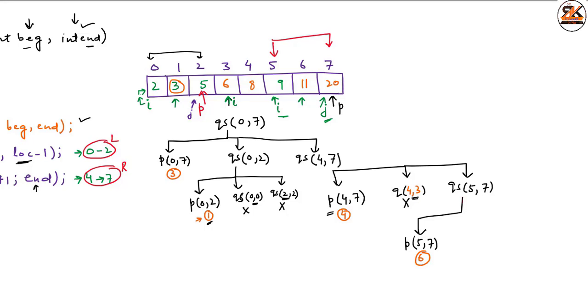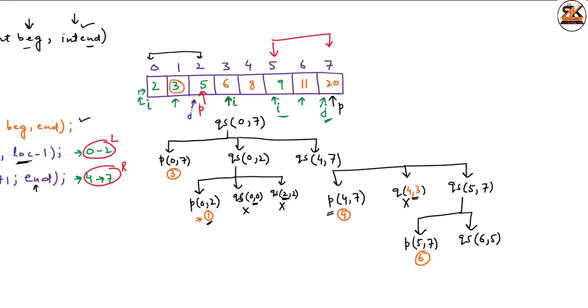So the next quick sort call will depend on this value. Here quick sort is from beginning to location minus 1. Beginning is 6, location is 6, and location minus 1 is 5.